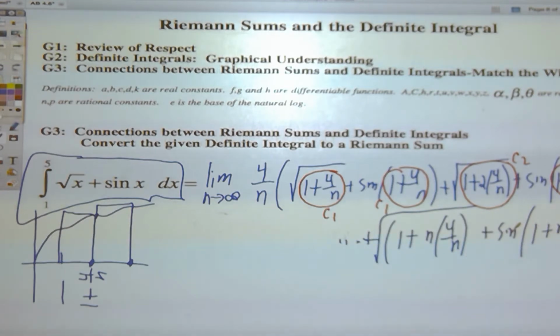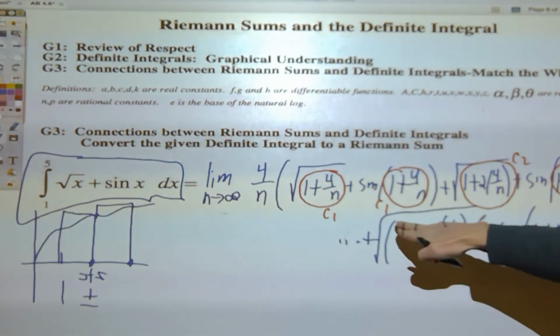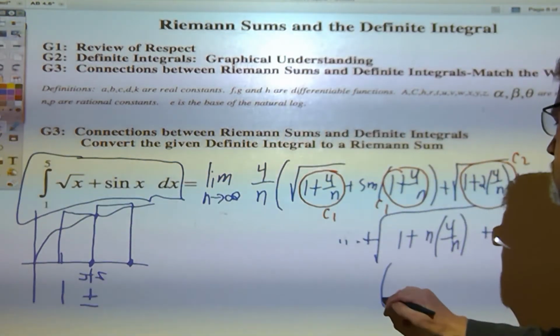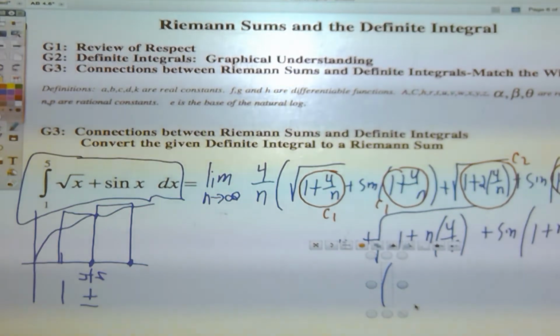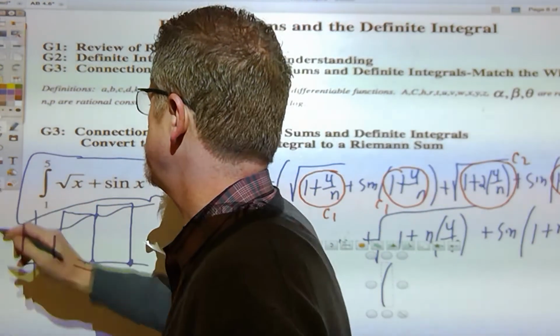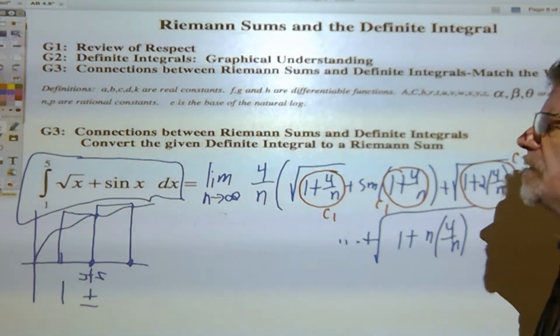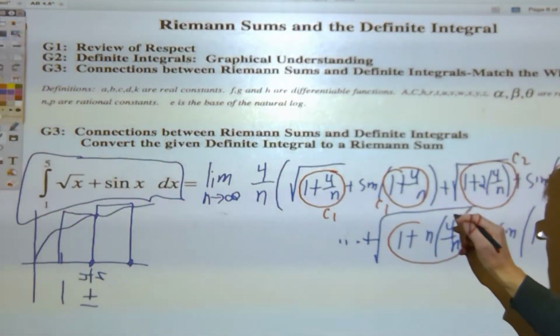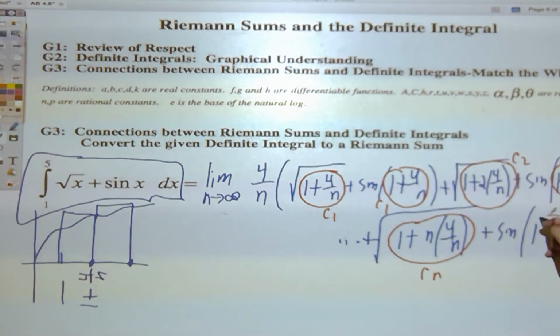And this last pair of inputs, and I notice that parentheses does not need to be there. I'm going to get rid of that parentheses. So the last pair of golf balls is this pair labeled C sub n.